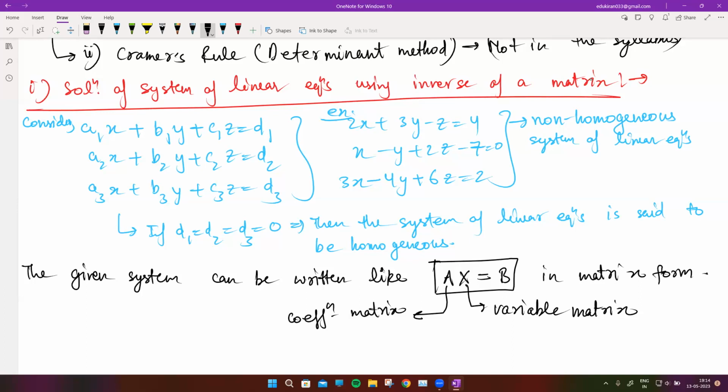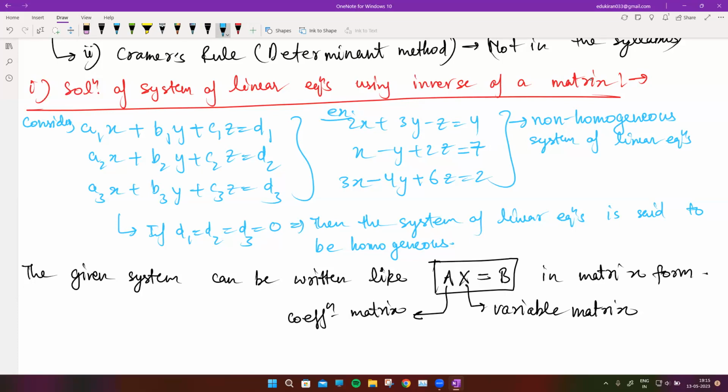I mean, A1, B1, C1 will also be constants, but they are known as coefficients of X, Y, Z. But D1, D2, D3 are not coefficients of any variable. They are independent constants, right? Like in the previous case, 4, 7, and 2 were the constants.